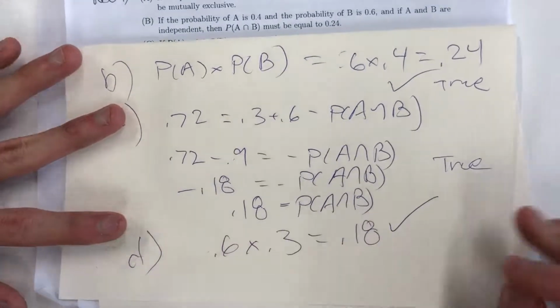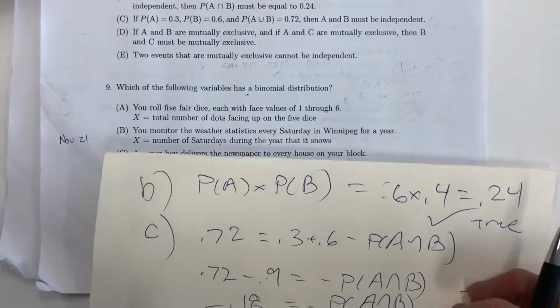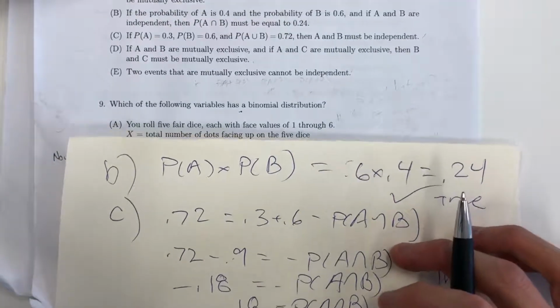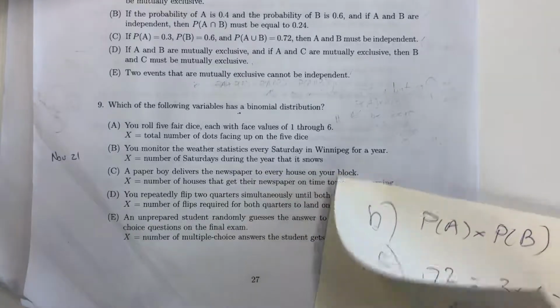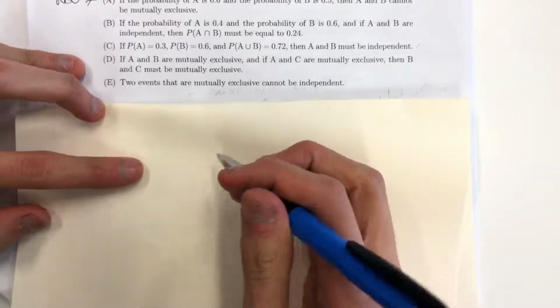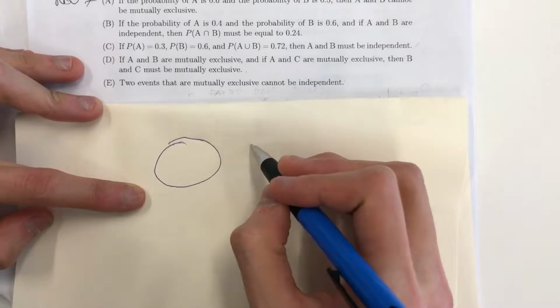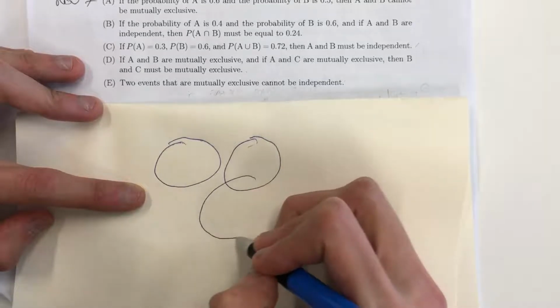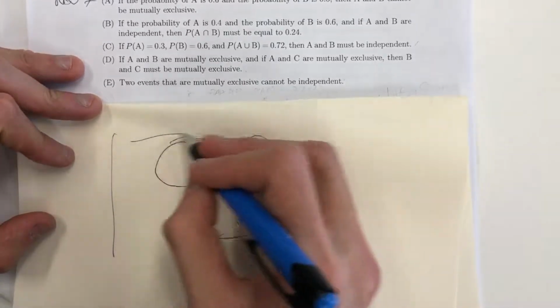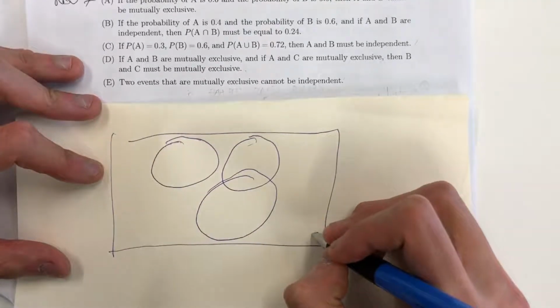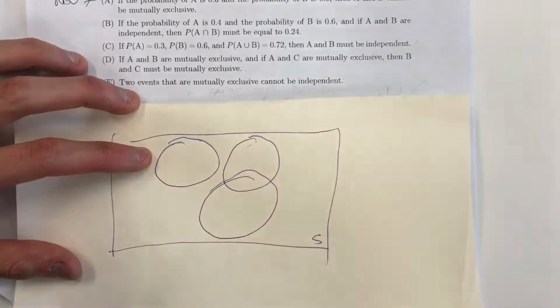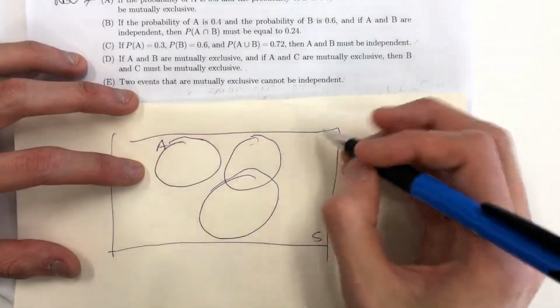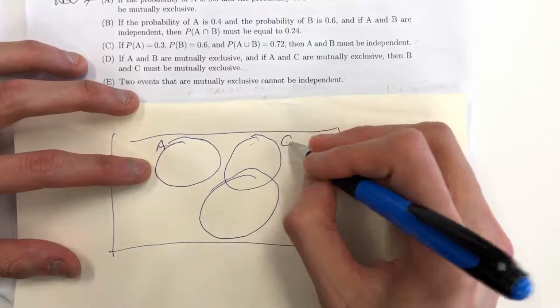Let's look at letter choice D. If A and B are mutually exclusive, and if A and C are mutually exclusive, then B and C must be mutually exclusive. This statement is false because we can have a situation like this. So this is our sample space. We can have A right here. A and C are mutually exclusive, right?